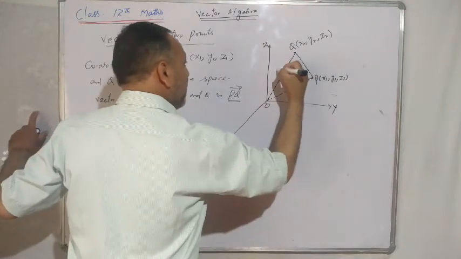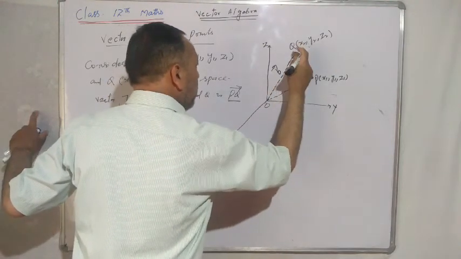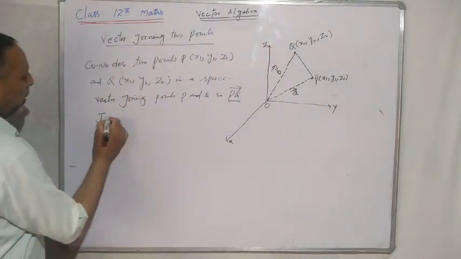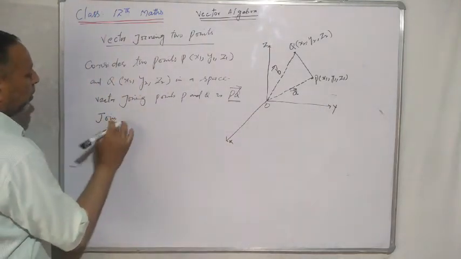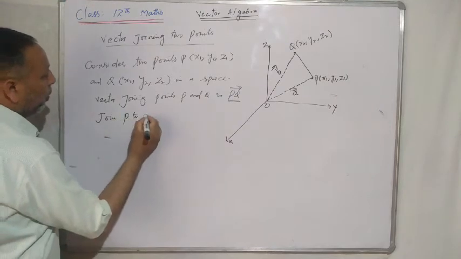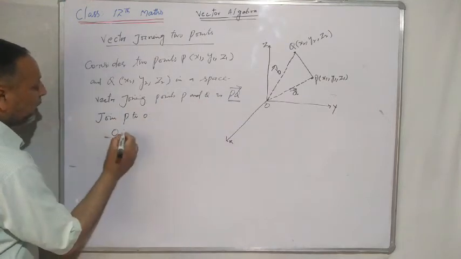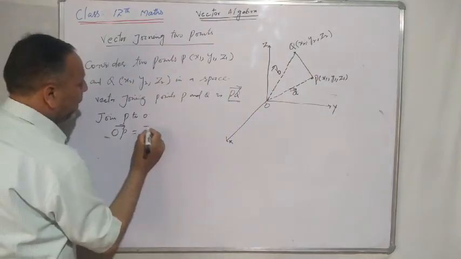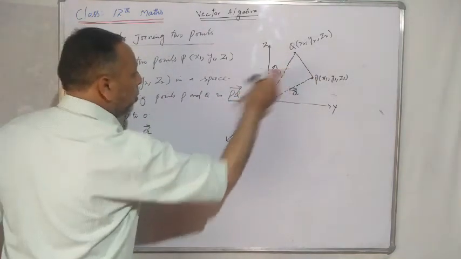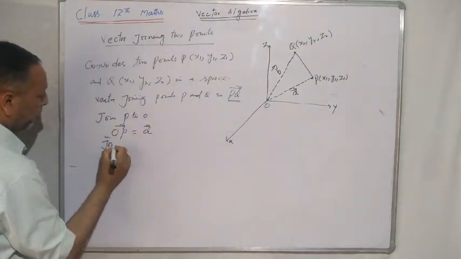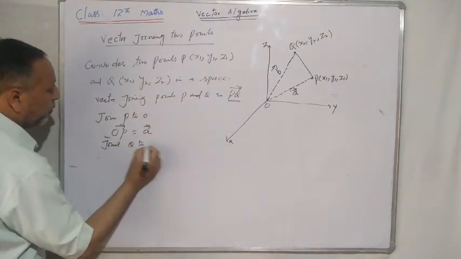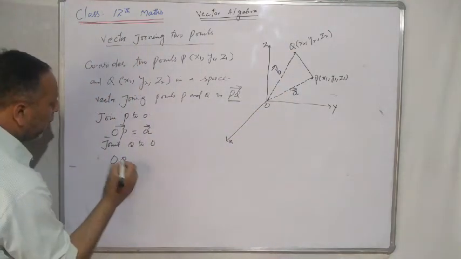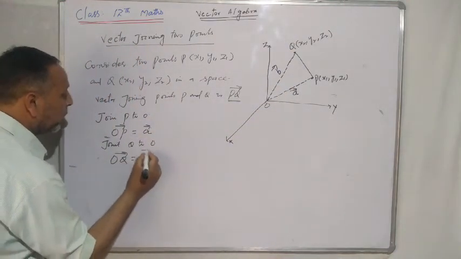So that means let me say the position vector of point Q is vector B. Now join P to O. Therefore, position vector OP is equal to vector A, and join Q to O. Let me say that the position vector of point Q, that is OQ, is equal to vector B.